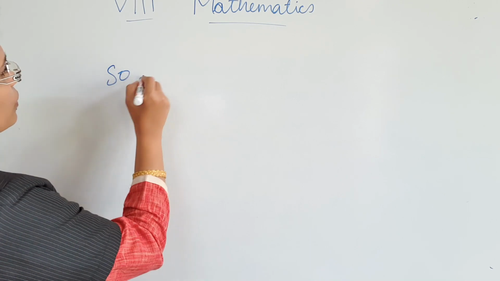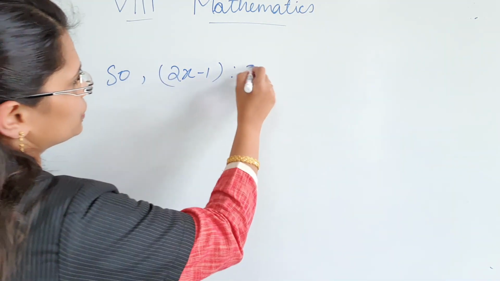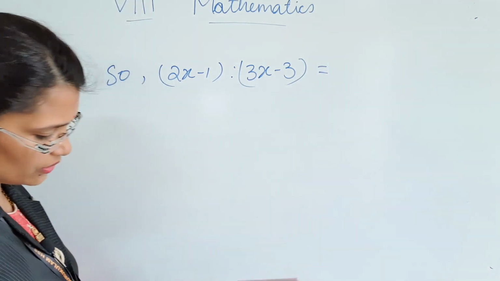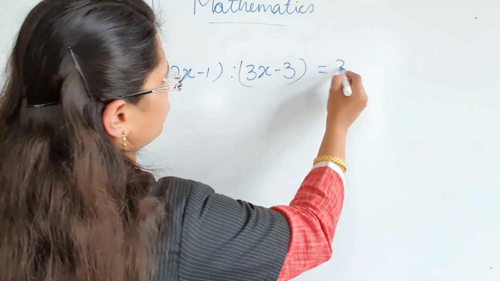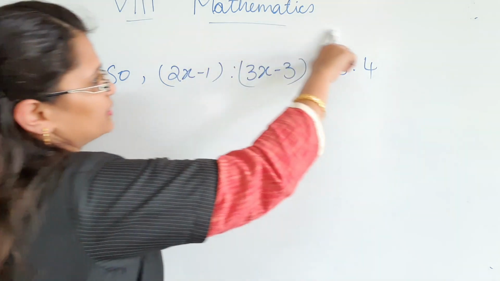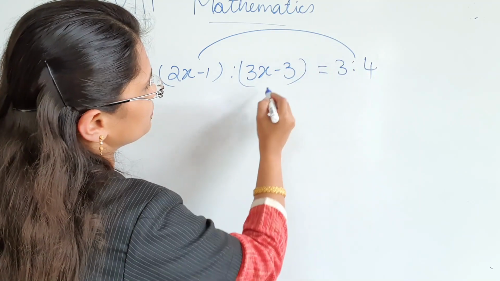So, 2x minus 1 is to 3x minus 3 is equal to, what is the new ratio, children? Is to 3:4. The product of extremes is equal to the product of means.